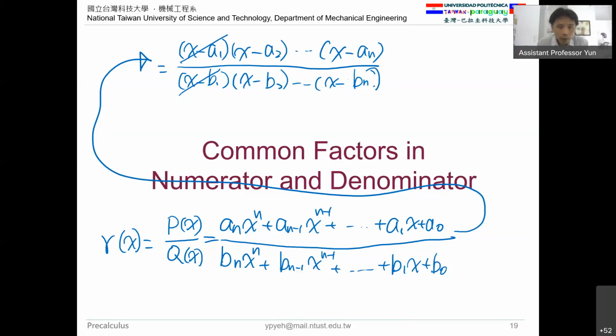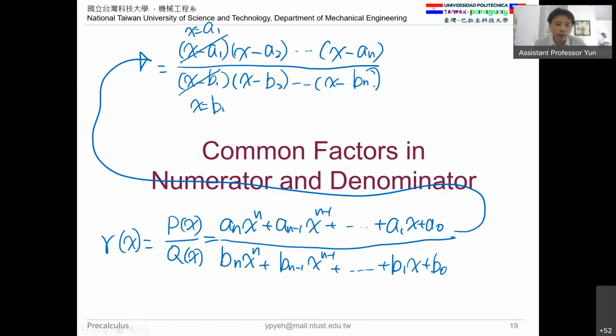Since we know that when x equals a_1 and x equals b_1, this is part of the definition of the rational function.